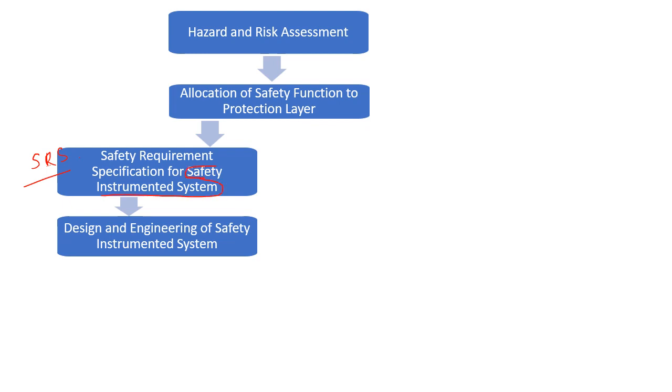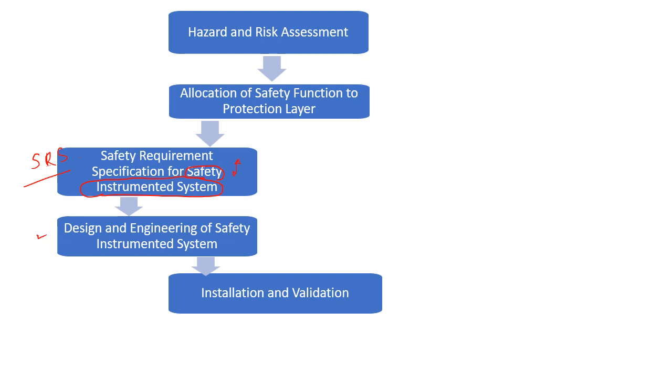Okay, so this tells you what your availability target should be, what your level of redundancy should be, and what your process safety time will be. All this will be defined in this. Based on this SRS, the design and engineering of the safety instrumented system is carried out.